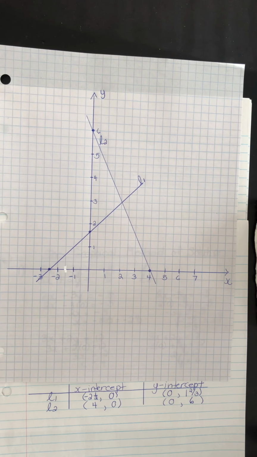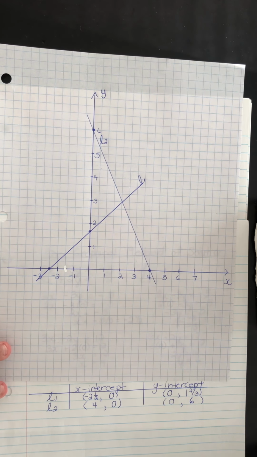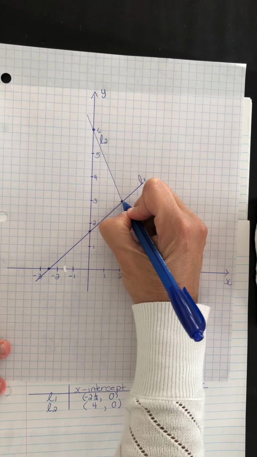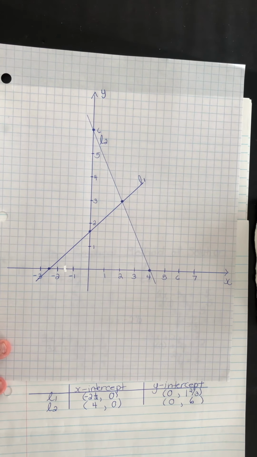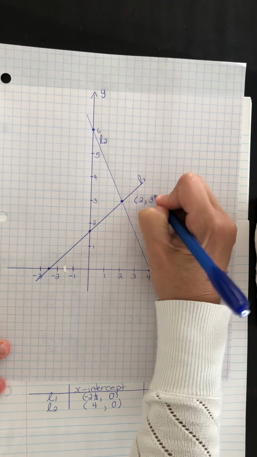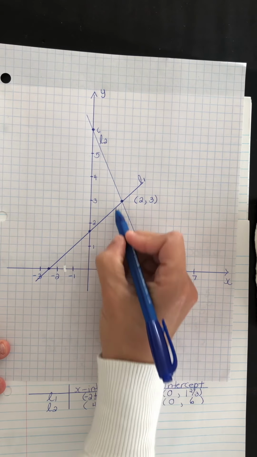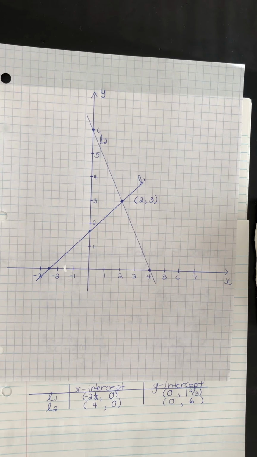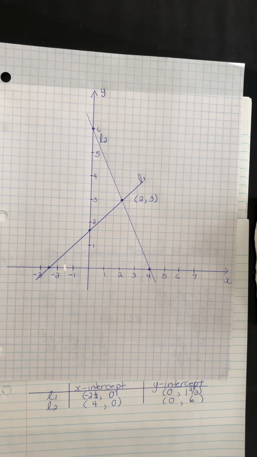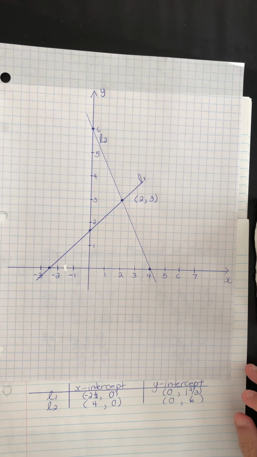So what is the solution of this linear system? The solution is the point of intersection. Where do they cross? They cross right here. That is the point 2, 3. You see, 2 to the right and 3 up. So 2, 3 is called the point of intersection, and it's also the solution for the system.